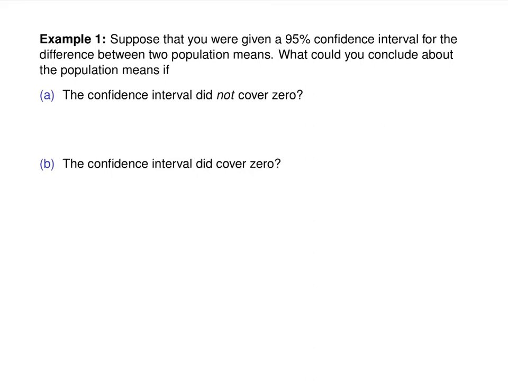So suppose that you were given a 95% confidence interval for the difference between two population means. What could you conclude about the population means if the interval does not cover 0? Well, if the interval does not cover 0, this means mu1 minus mu2 probably isn't equal to 0, or 0 is not a plausible or likely value.